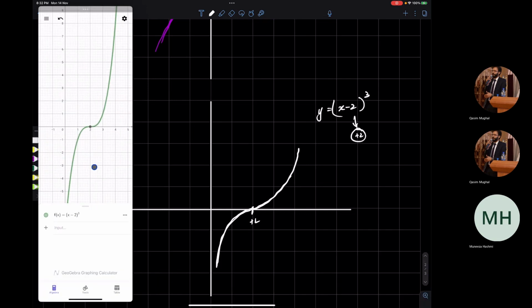All right, can you see the graph? It's just at plus 2. Yes, sir. All right, exactly the same way.